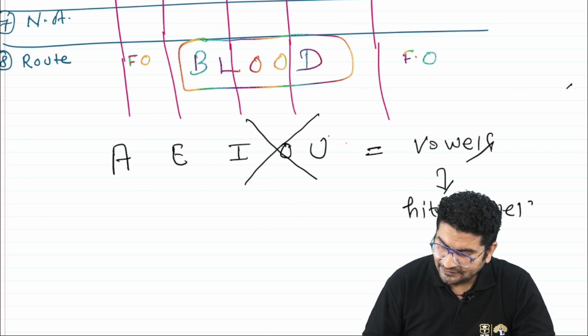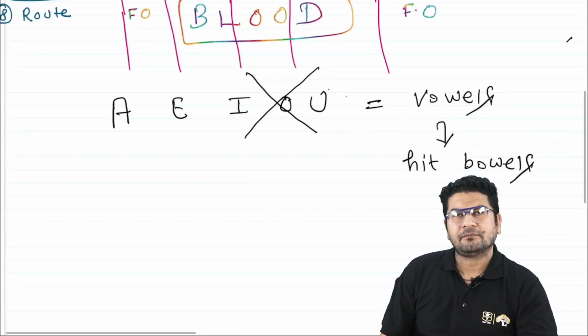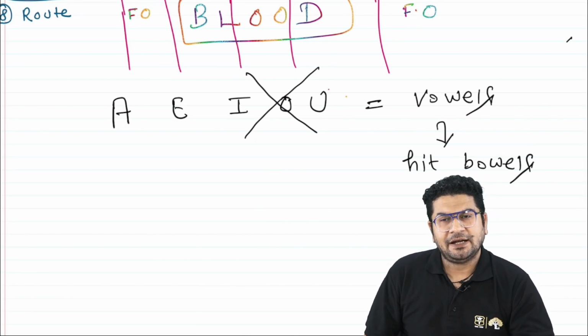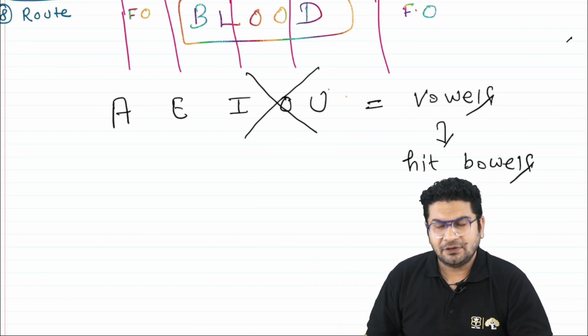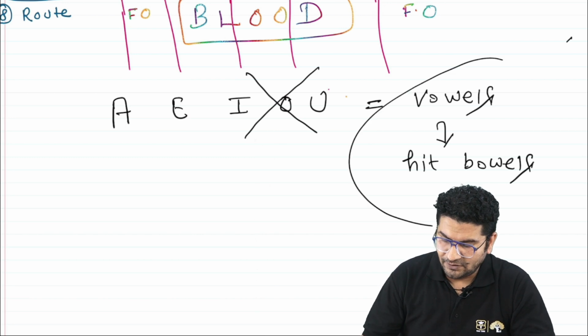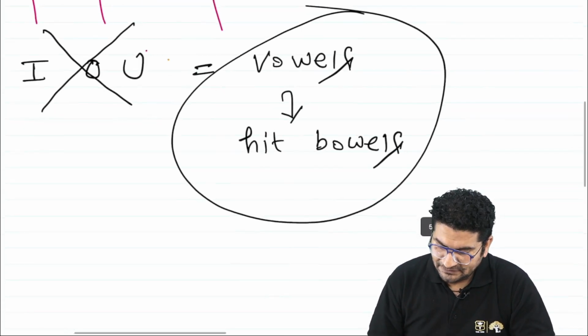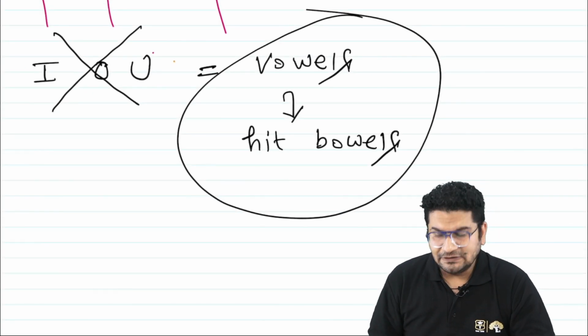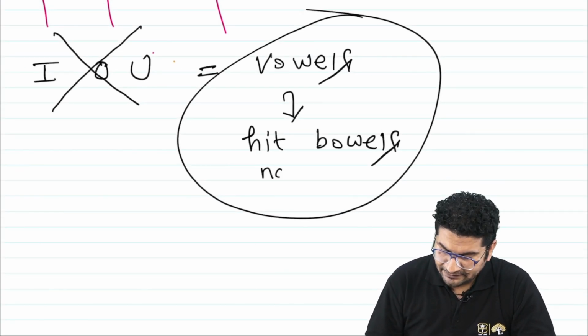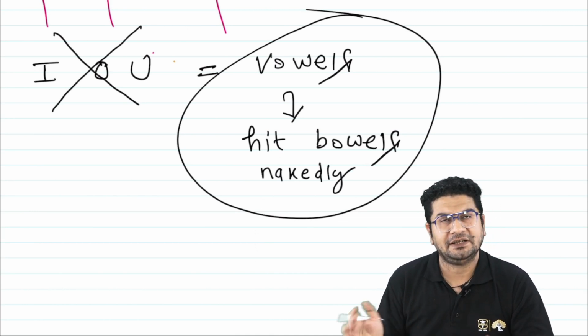Hepatitis A and E will spread by the fecal-oral route. B, C, D are consonants. And remember, vowels hit the vowels nakedly. Nakedly means these two will not have any envelope.